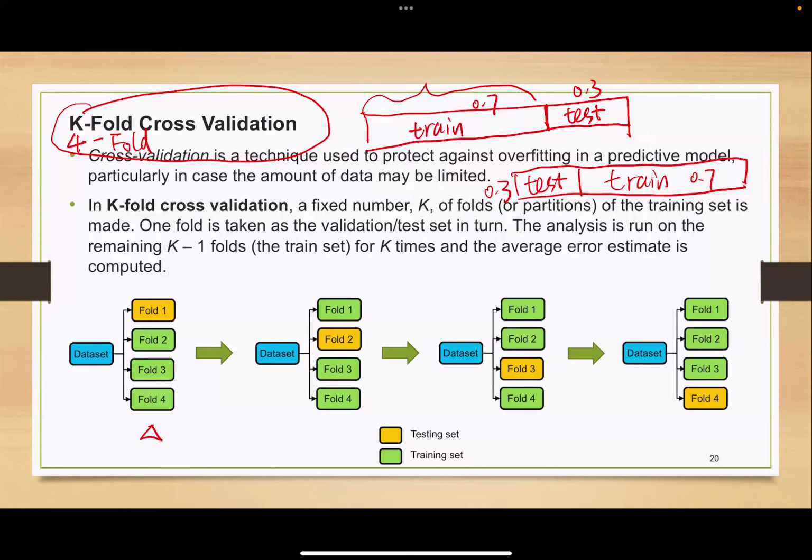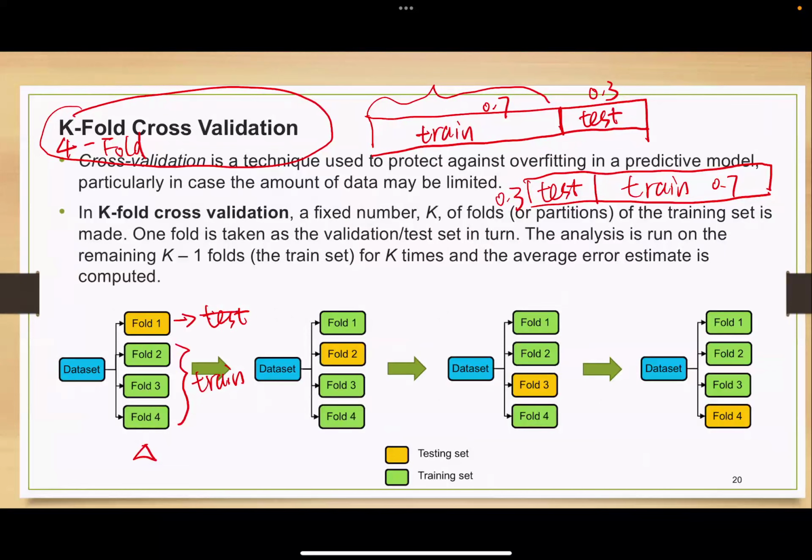We have 4 folds of data, and we use 3 of them as the training data and 1 of them as the test data. And what does cross-validation mean? Every time we change the test, sorry, it's better that I say validation data set.